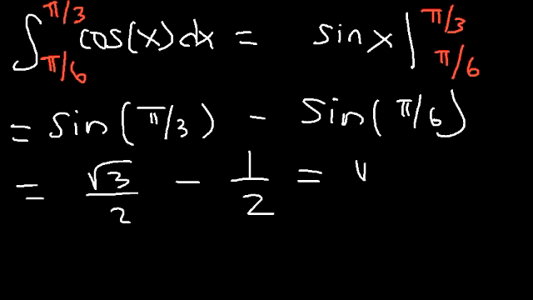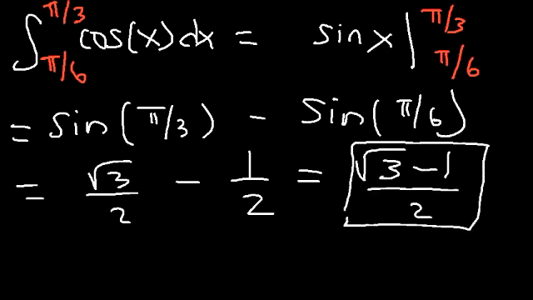So the final answer is square root 3 minus 1 divided by 2. And as a decimal, that is equal to 0.366. Let's try another example with a trig function.